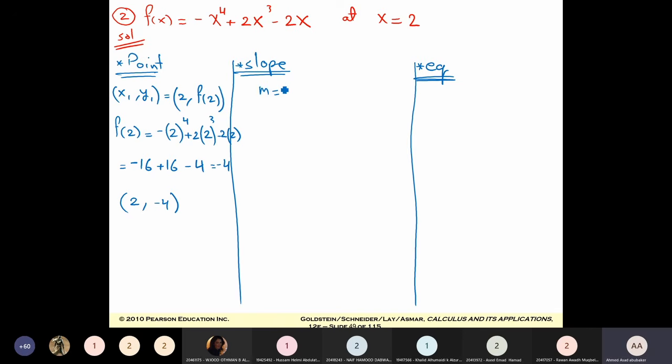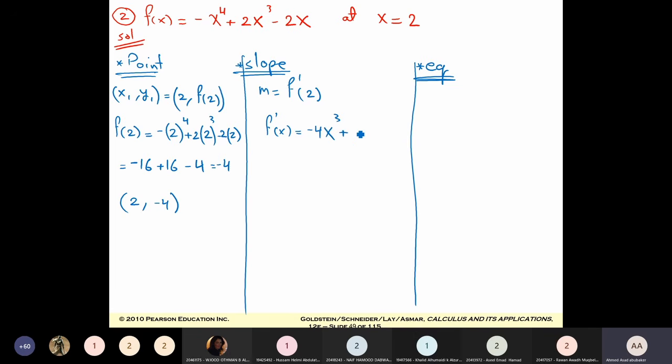The slope equals f prime, and substitute 2 in f prime. F prime equals negative 4x to the power 3 plus 6x square minus 2. Now substitute 2.